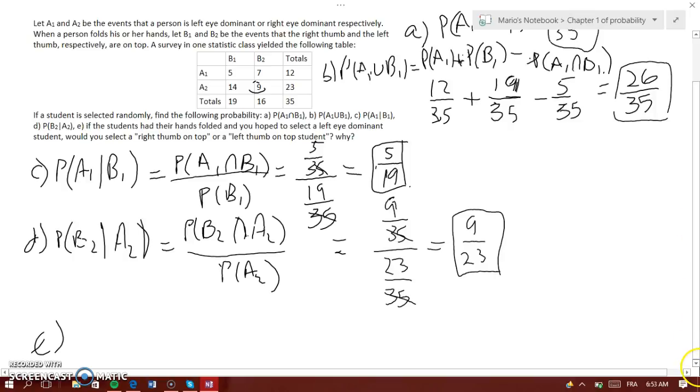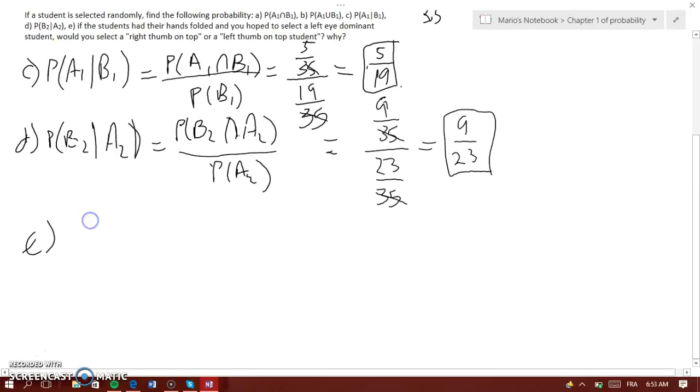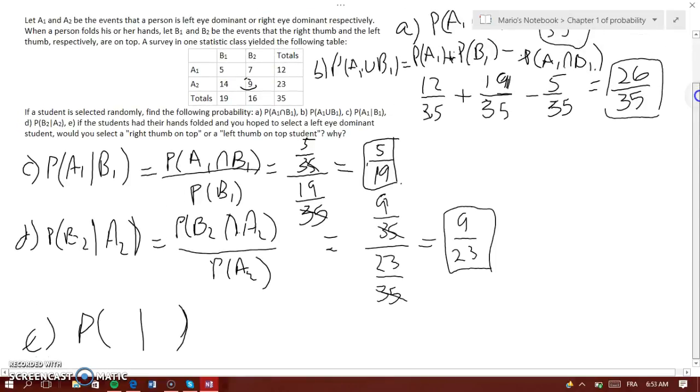Now the question asked means: given that a student is right thumb on top, B1, find the probability that the person is left eye dominant, A1.